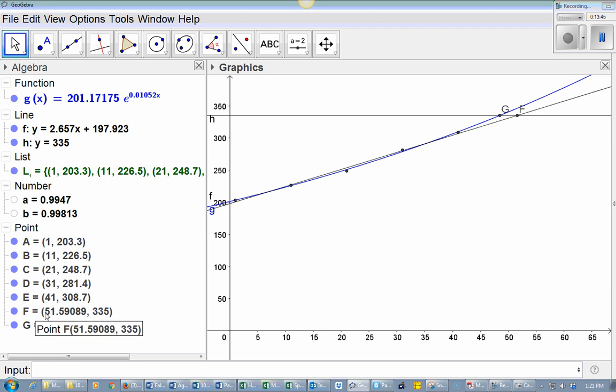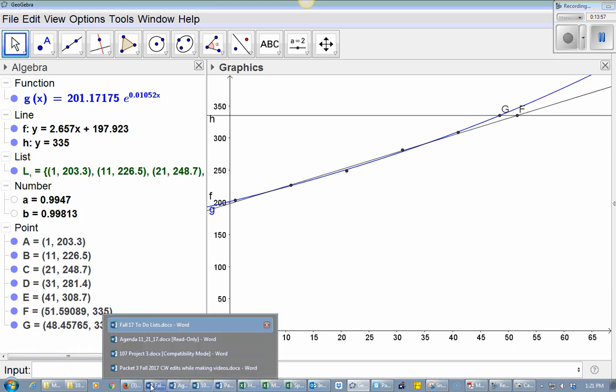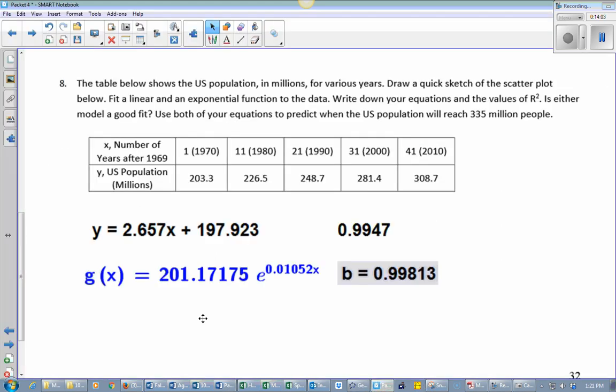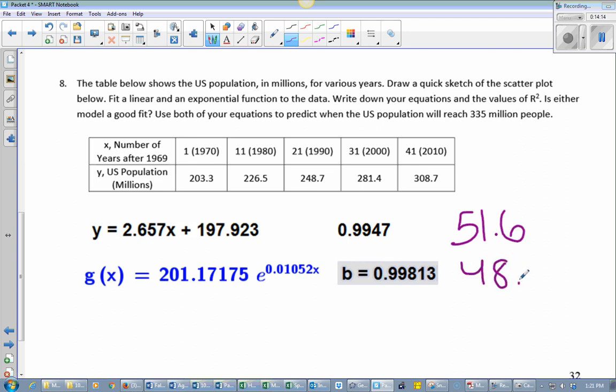So the linear model predicts 51.6 years, and the exponential model predicts 48.5 years. So 51.6 for the linear, 48.5 years for the exponential to hit 335 million people.